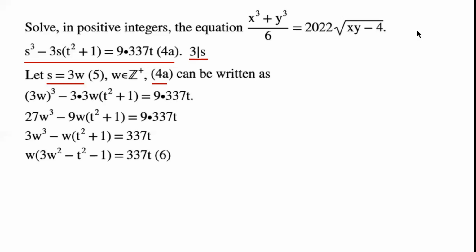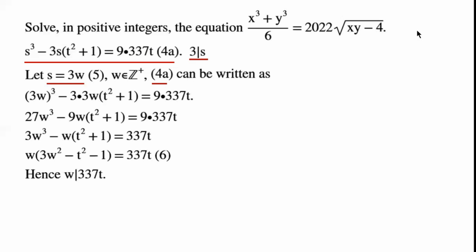We can factorize the left-hand side of the equation, so we can now write w times (3w squared minus t squared minus 1) equals 337t.